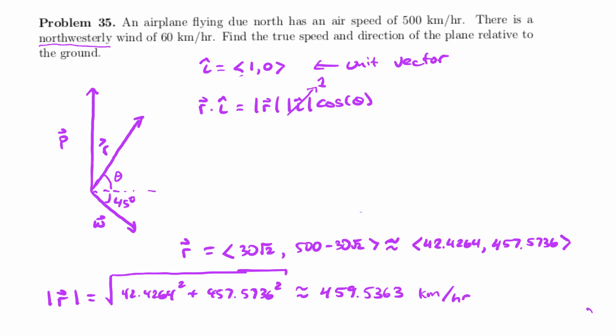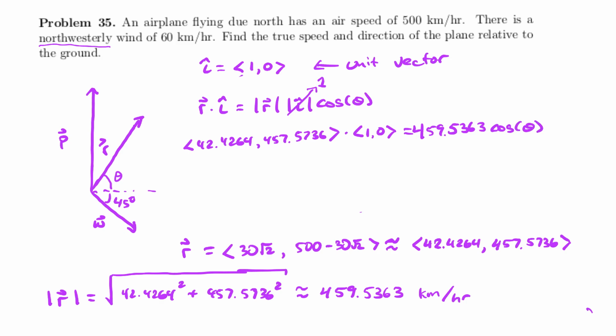Now when we do r dot i, then we are doing 42.4264, our second component, 457.5736, dotted with 1, 0, is equal to the length of r, which we said was 459.5363 times 1 times the cosine of our angle theta.